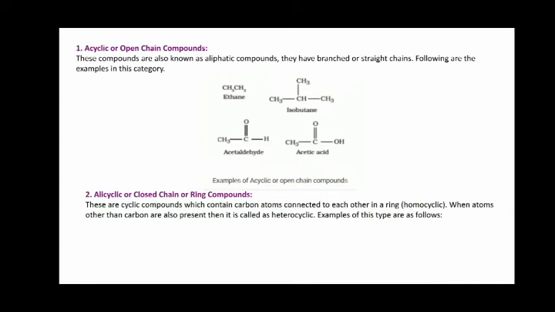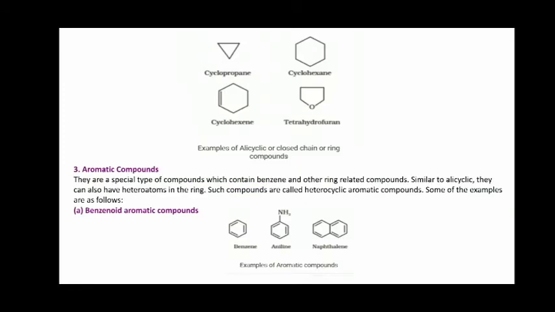That's why they have been given the name homocyclics. When atoms other than carbon are also present, then it is called heterocyclics. So here we have to go for replacing the carbon with any heteroatoms. So we are going to see the examples. So see the examples.